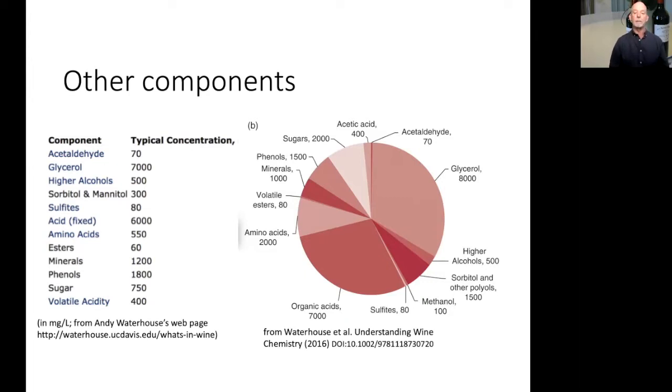Acetaldehyde is 70 milligrams per liter, whereas glycerol is 7,000.